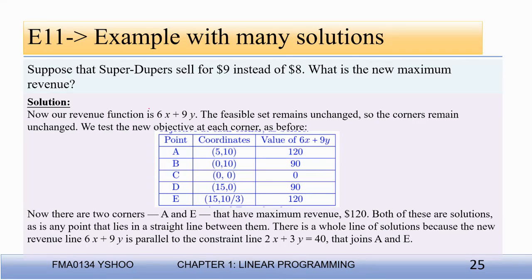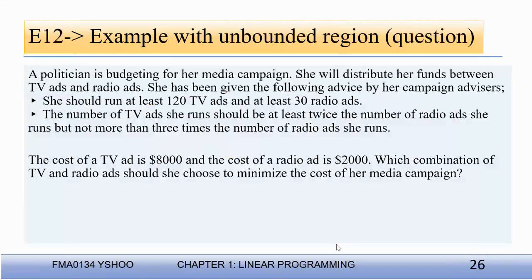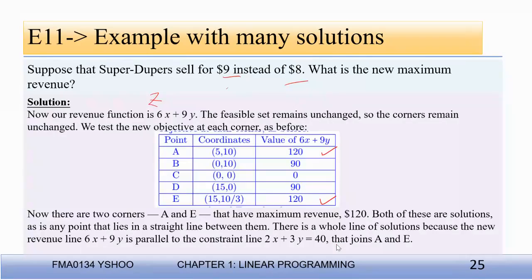If you see, these two are giving you the same answer, (5, 10) and (15, 10/3). They both give you the same 120 and 120. So actually there is a whole line of solutions, because the new revenue 6x + 9y is parallel to the constraint 2x + 3y = 30 that joins A and E. So this is another example.